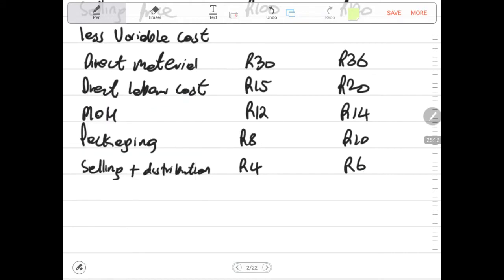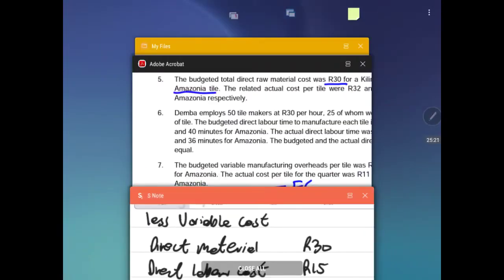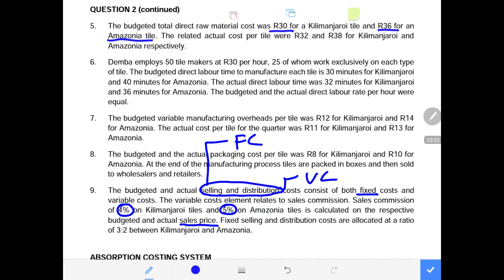So now we have dealt with the variable component of the budgeted selling and distribution cost. Okay, we have done that.